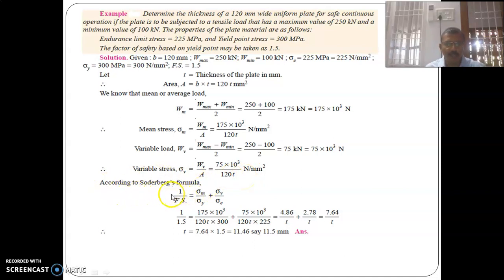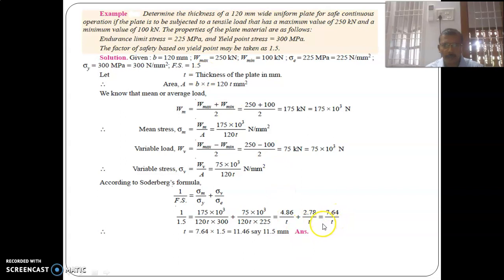According to the Soderberg formula, 1 by factor of safety equals sigma m by sigma y plus sigma v by sigma e or sigma minus 1. Factor of safety is 1.5, sigma m is 175 into 10 power 3 Newton divided by 120 T, divided by sigma y equal to 300 megapascal, plus sigma v, 75 into 10 power 3 divided by 120 T, divided by 225, which is sigma minus 1, the endurance limit stress of 225 Newton per mm square.